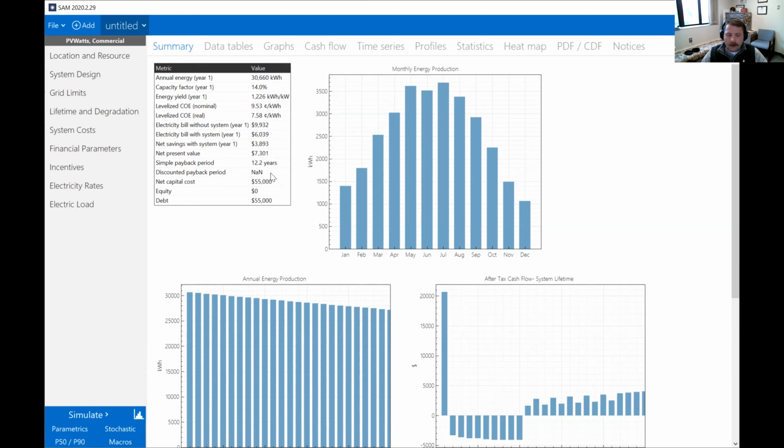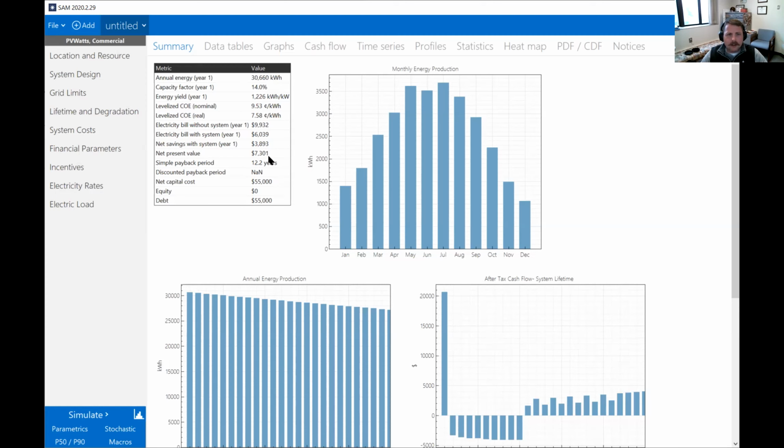But now I go to maybe the most important factor, if I'm comparing two investments, the net present value. The net present value is $7,300, suggesting that I am making over 6% on this investment. And if I'm comfortable with my discount rate, this should be a good investment.